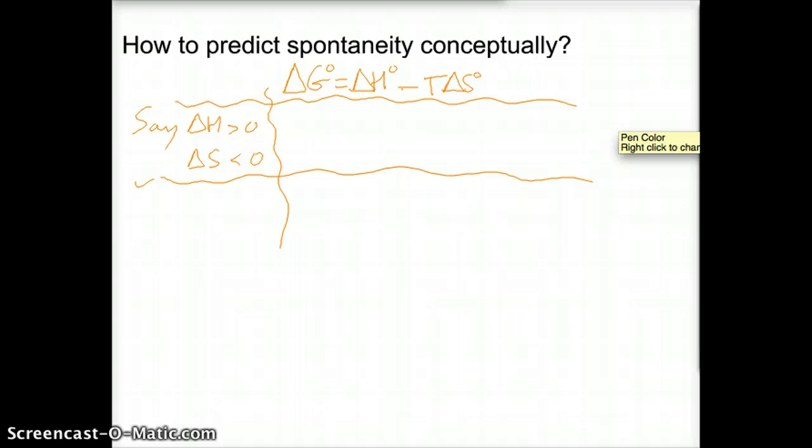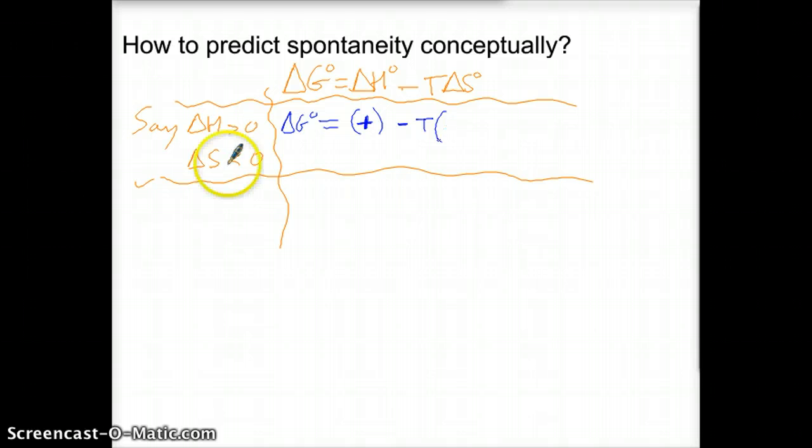If delta H is greater than 0, then delta G is going to be equal to a positive number, whatever that is, minus some temperature times delta S, which is less than 0, a negative number. So essentially what I'm going to have is a positive number, then negative and negative, multiplied together makes it positive, plus another number.